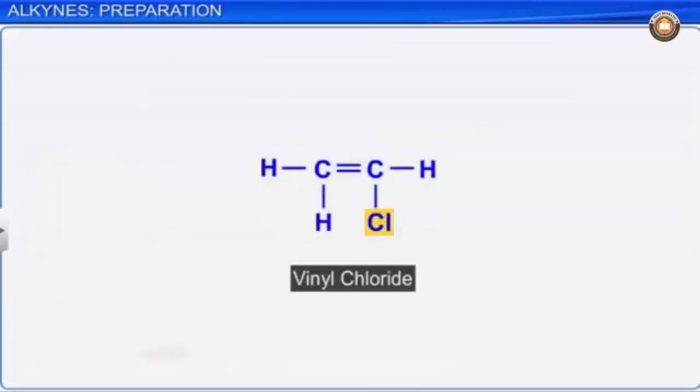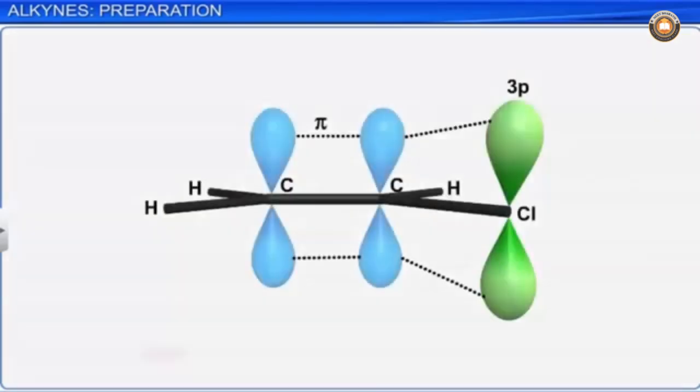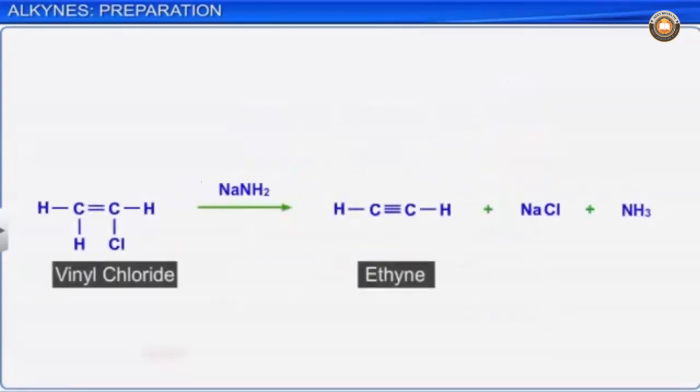As the chlorine atom is directly attached to a double-bonded carbon atom in vinyl chloride, it is highly unreactive. In other words, as the non-bonding electrons of chlorine and the pi electrons of the carbon-carbon double bond are in conjugation, the carbon-halogen bond acquires a partial double bond character and its removal becomes difficult. Hence, a strong base, such as sodamide, is required for the removal of hydrogen chloride from vinyl chloride to form ethyne.